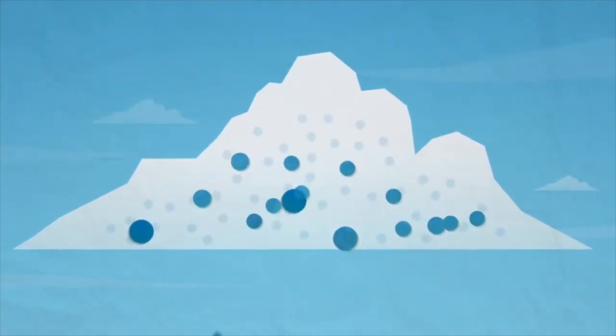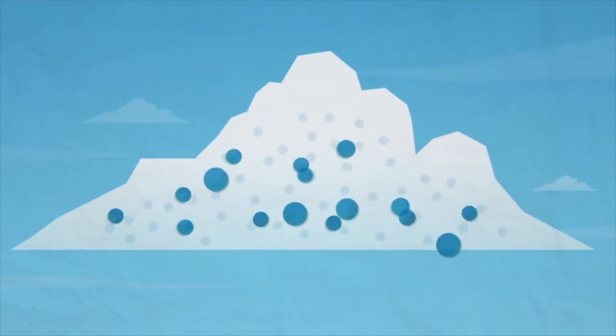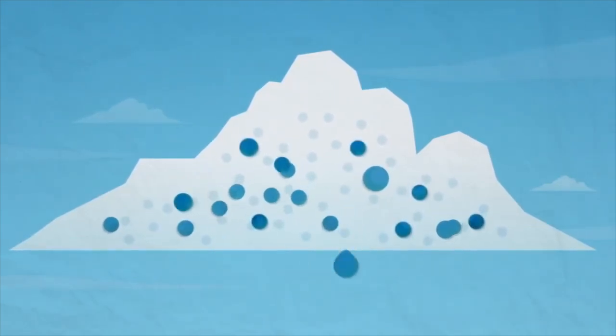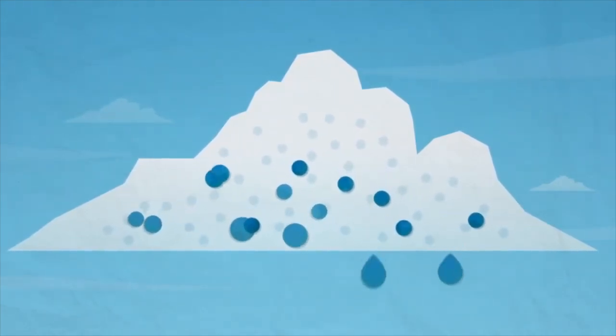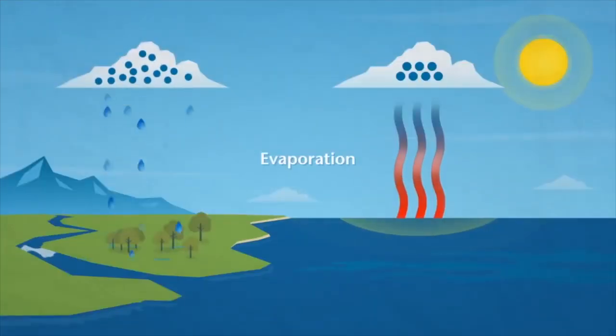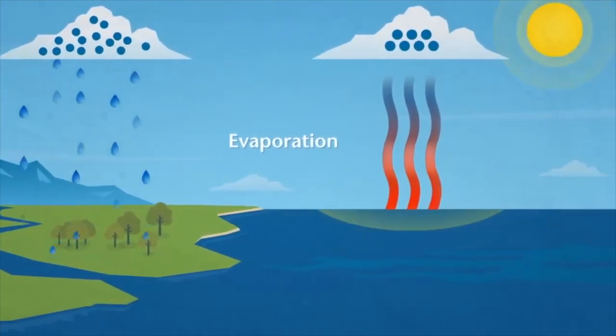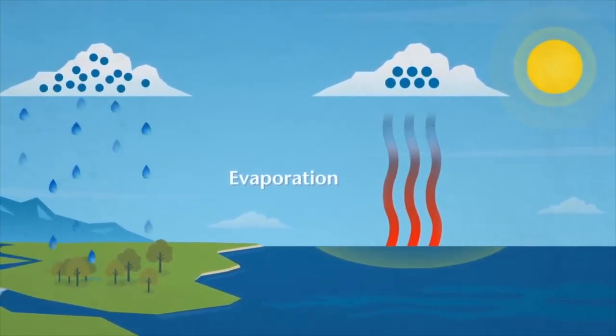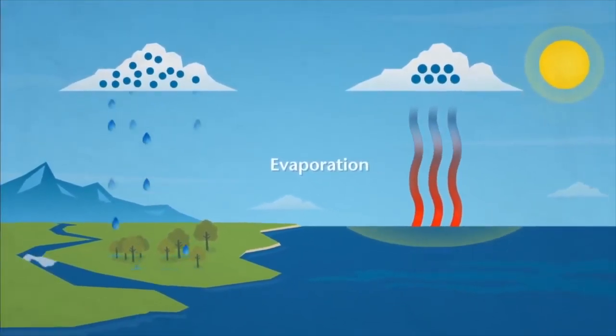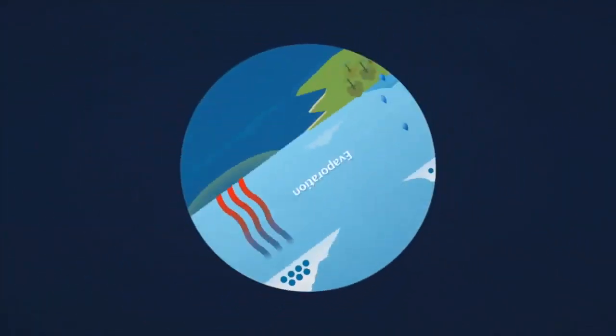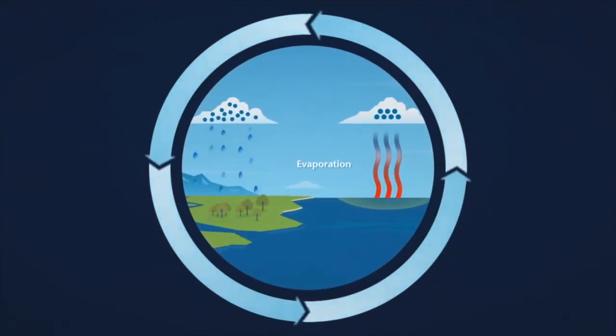And every single raindrop that reaches the ground is made up of 1 million of the original tiny water droplets. Raindrops fall on the ground surface where the sun can shine on them, and the whole process happens again. This is called the water cycle and keeps water moving from the ground to the sky, providing the water needed for plants, animals, and people to survive.